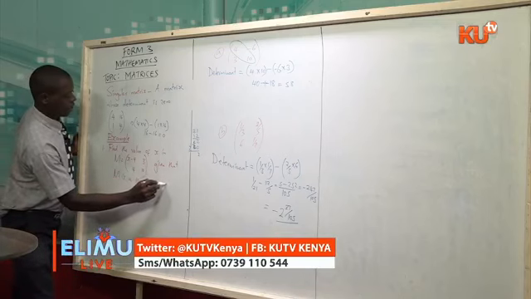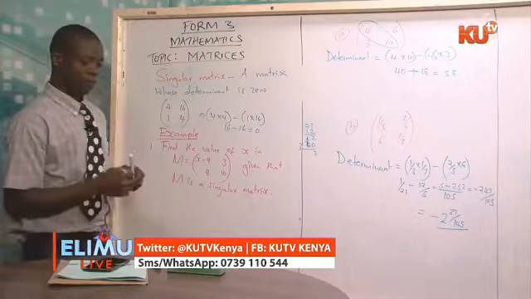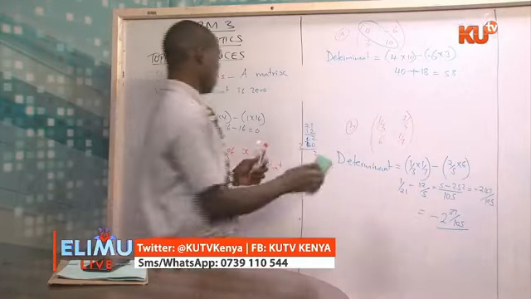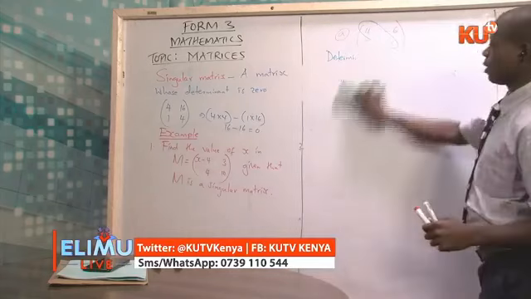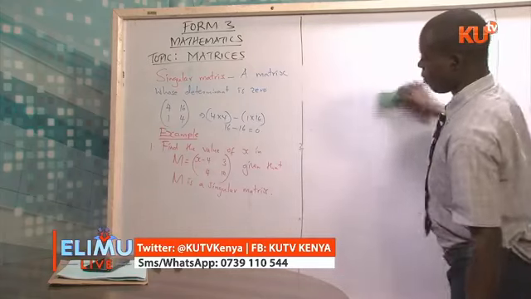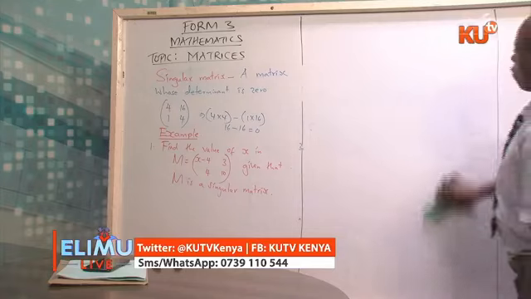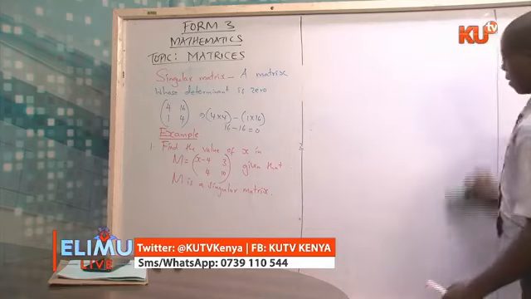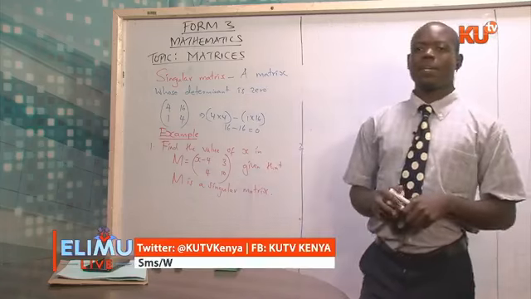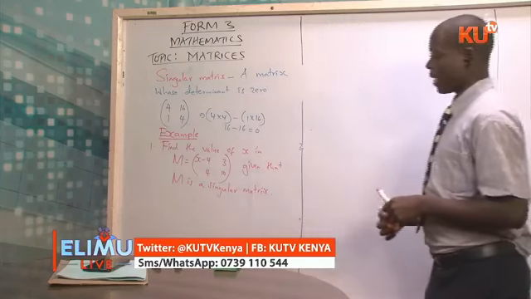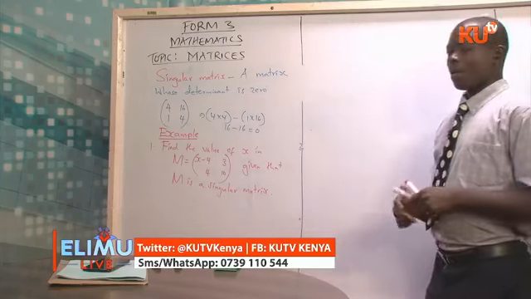Given that M is a singular matrix, we determine the value of x in the matrix M, whose elements are x less 4, 3, 4, and 10. And the instruction is that M is a singular matrix.